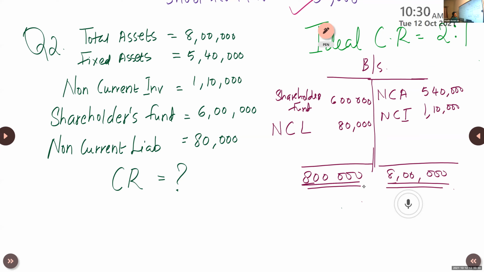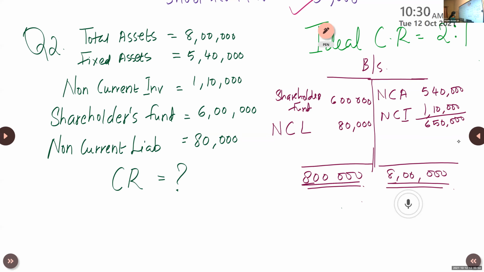So 8 lakh minus 6 lakh 50,000 will give you current asset. That will be 1,50,000.